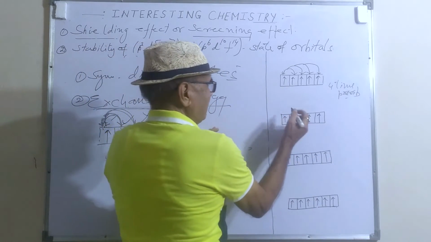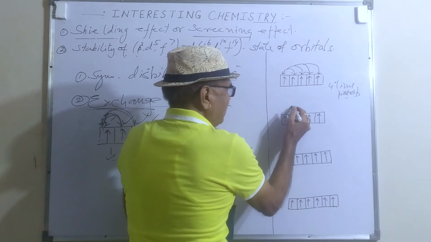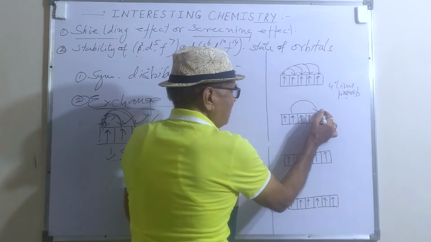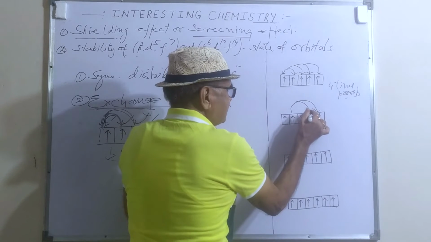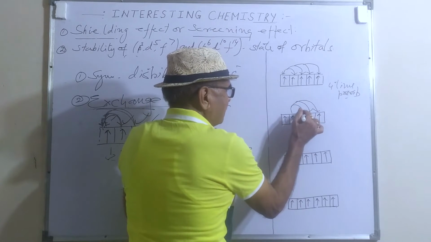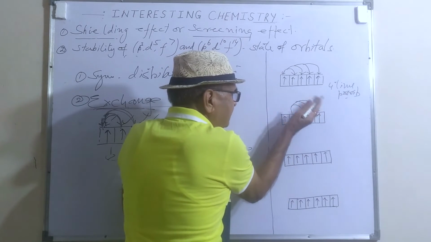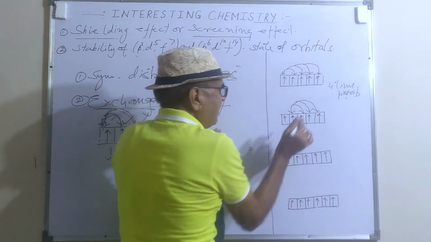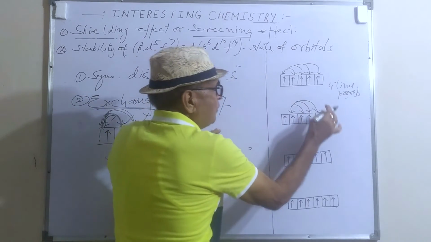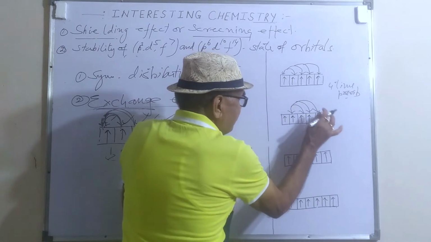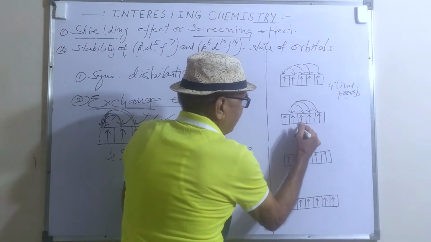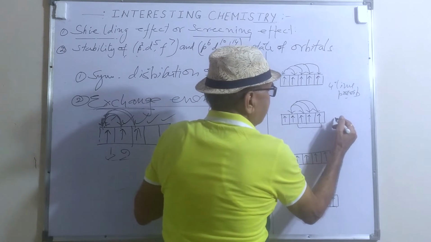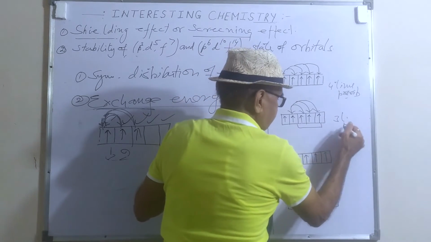Now come to this one. This electron will exchange with this electron, and this also with this one. So all these 3 electrons may come here one by one. This is the exchange. So here there are 3 times, 1, 2, 3 possibilities.